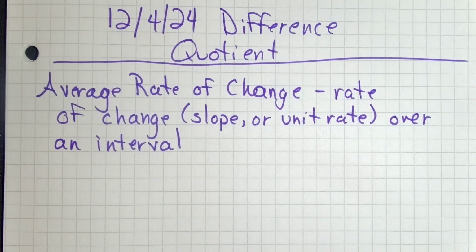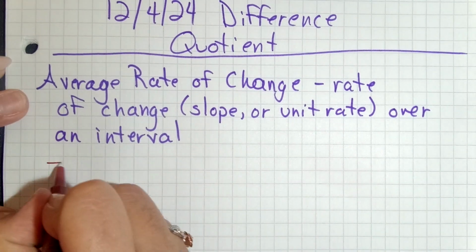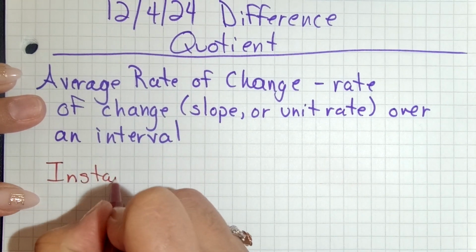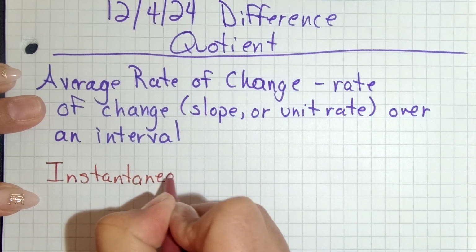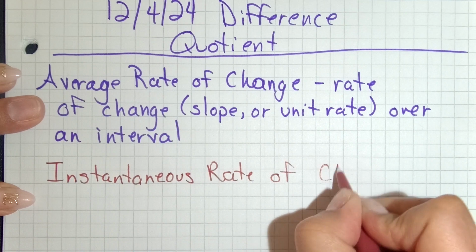However, in calculus, we don't want to talk about the average rate of change. We want to talk about the rate of change at a particular instant, because we care about what happens at one particular thing. That is called the instantaneous rate of change.